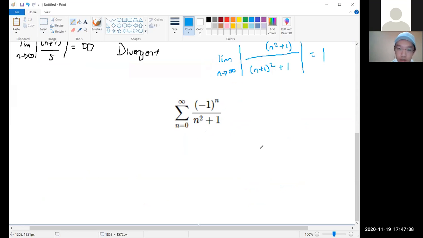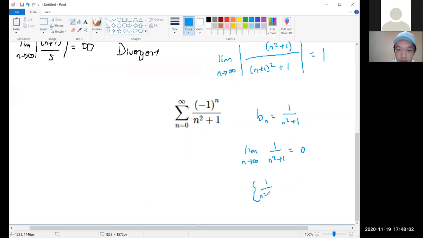So here, b of n is just 1 over n squared plus 1. Limit of b of n as n goes to infinity. Here, is it 0? Yes, it's 0 because the denominator gets bigger. And then is this decreasing?